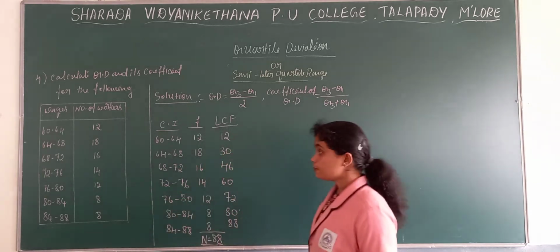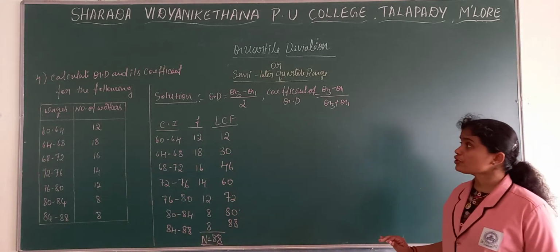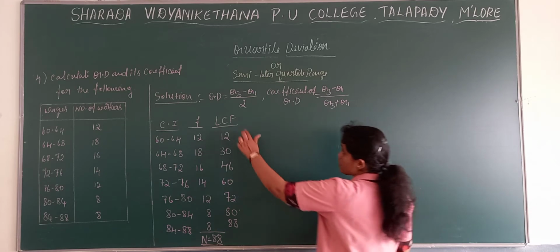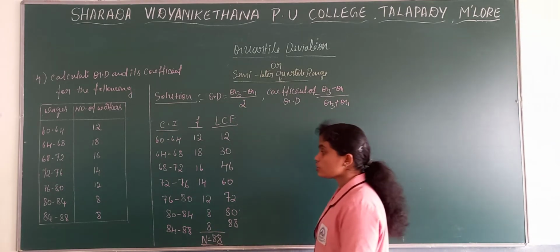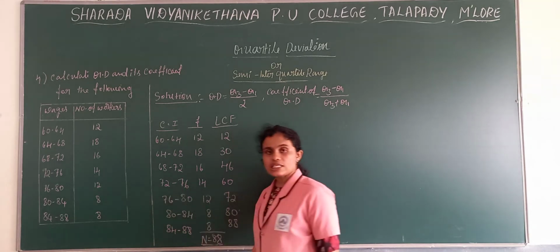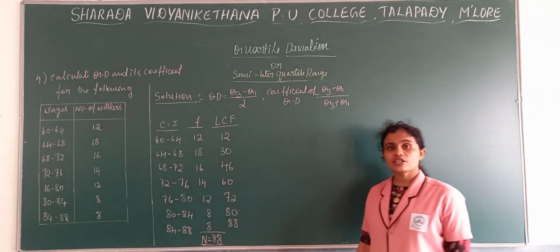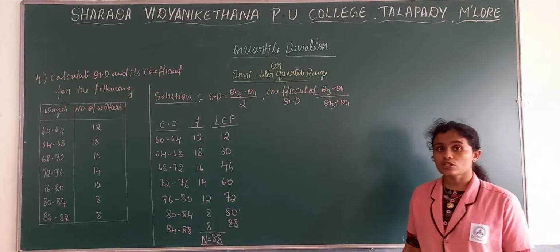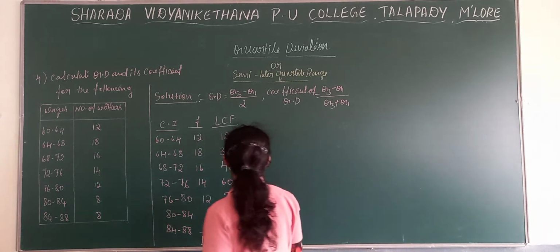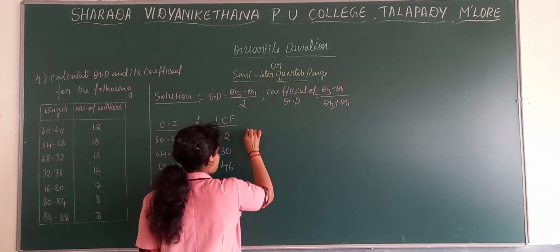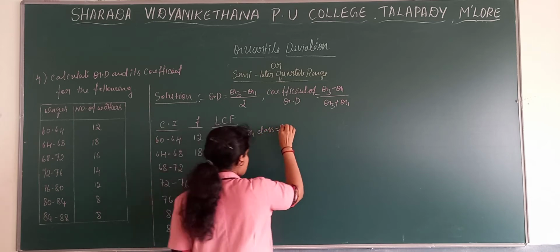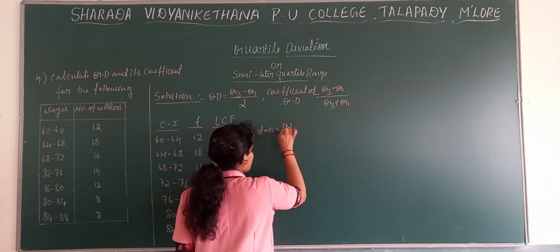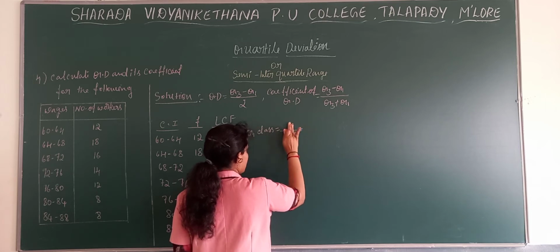Now, in the main formula we have Q3 and Q1. But when we get a continuous series, firstly we need to identify the Q1 and Q3 classes. First, the Q1 class. How to find it? It is i into n by 4.